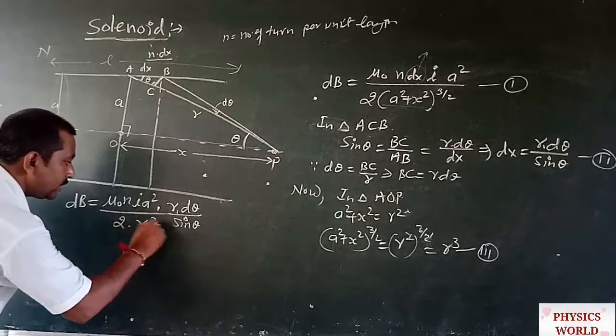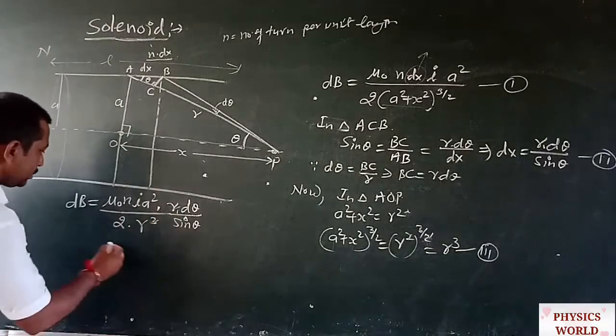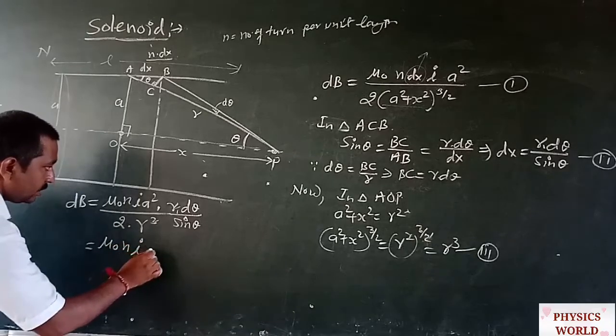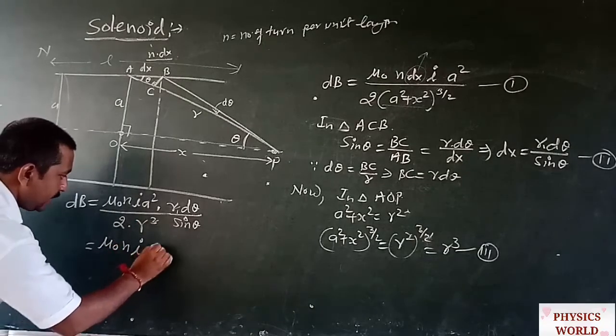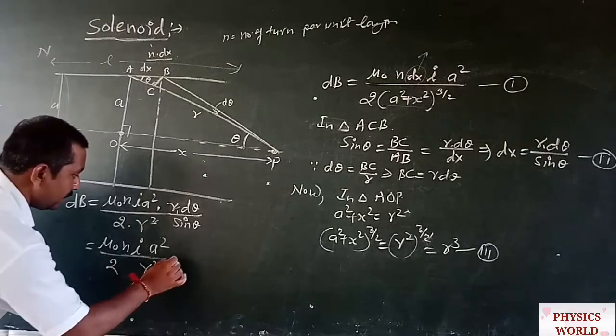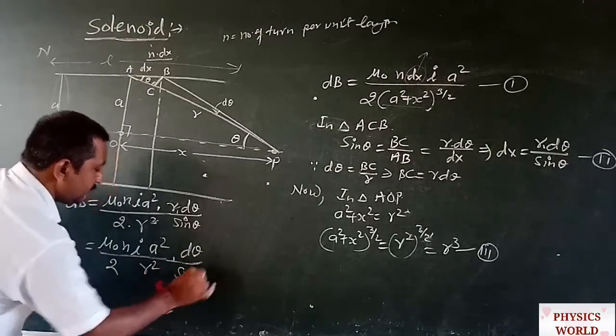So one R will be cancelled, and this becomes mu 0 n I a square by twice of R square dot d theta by sine of theta.